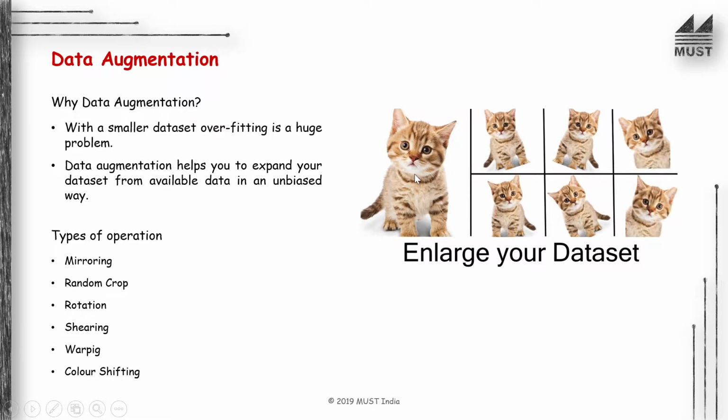What you do in color shifting is that you add certain weights for the RGB fields. So for example, if the RGB value of this image is 50 50 50, you try to add an RGB value of, let's say, 2000. So it tries to shift your color domain of that particular image, and you get a different shade of that image. So you can consider that you got that particular image at different environment light settings.